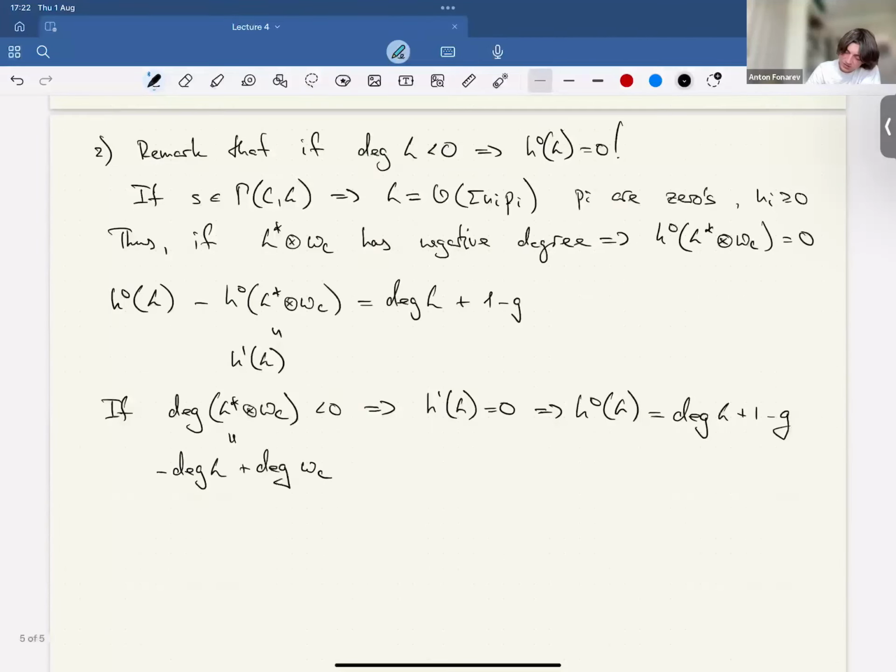So this thing is less than 0 if and only if the degree of L is greater than the degree of omega c, which equals 2g minus 2. All right, so for line bundles of high degree, you can immediately compute global sections just by using this Riemann-Roch formula and seeing that it works.